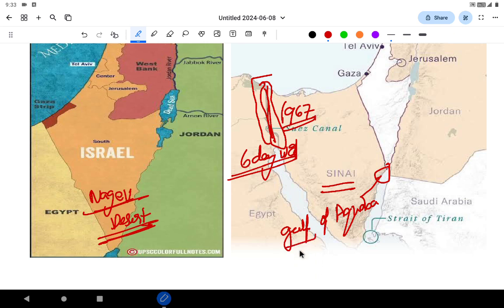There is a Gulf of Aqaba. The Gulf of Aqaba lies at the southmost tip of Israel. You can see in the map, it is marked south of Aqaba. The Gulf of Aqaba is to the east of the Sinai Peninsula.